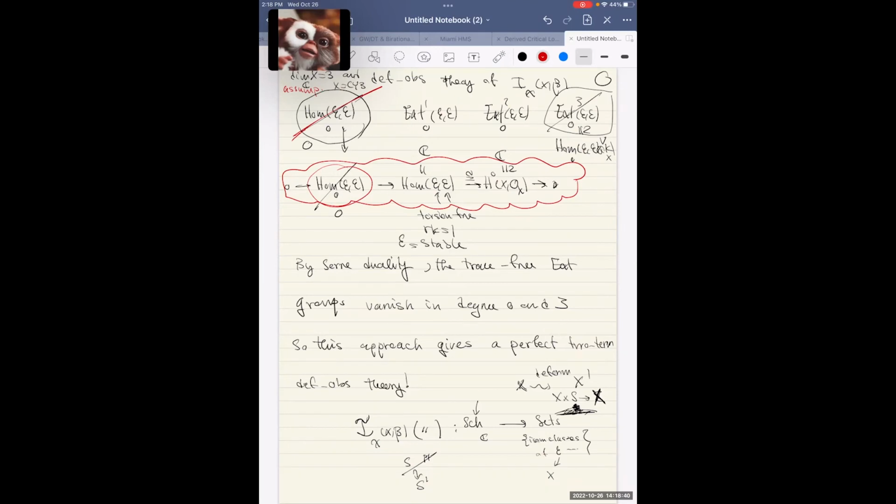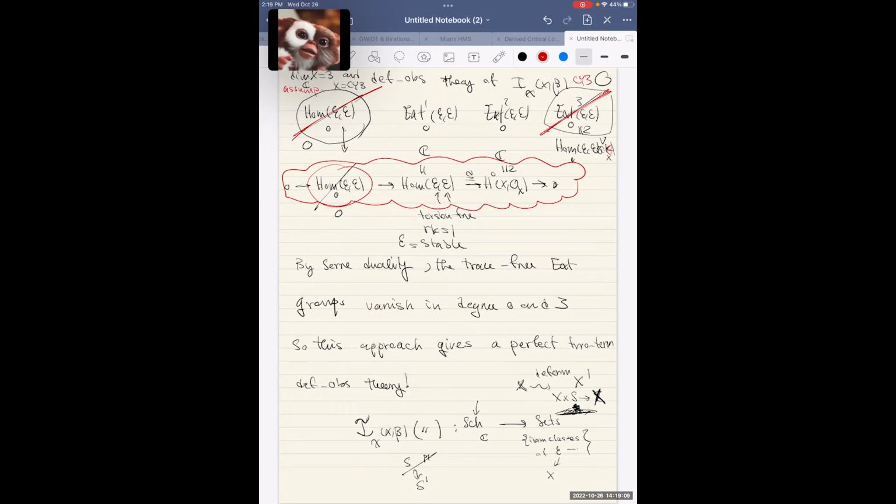But then he said, what should I do with Ext3 then? If X is Calabi-Yau 3, Ext3 is isomorphic to Hom(E,E) dual, because the canonical bundle is just O. So because Hom(E,E) is 0, Ext3, the trace part, is also 0. So for this, we use the Calabi-Yau 3 property. Oh, we're just using the canonical bundle.